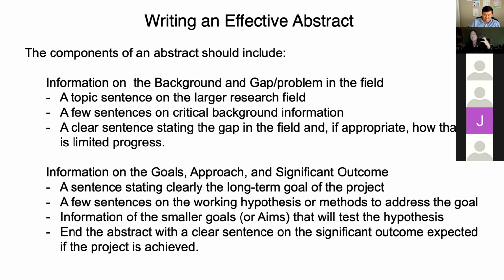Maybe this is a goal that will extend beyond your smaller goals in this proposal. You should always have a bigger picture that you're looking at. And so in this proposal, though, you can't do the full long-term goal. You're just going to focus on your working hypothesis that you can explore in this shorter document.